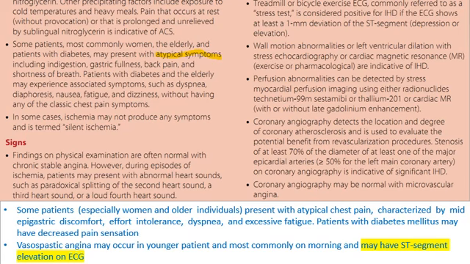This is due to the peripheral neuritis that occurs in diabetic patients, so other symptoms may appear, including nausea, vomiting, indigestion, diaphoresis, and others.